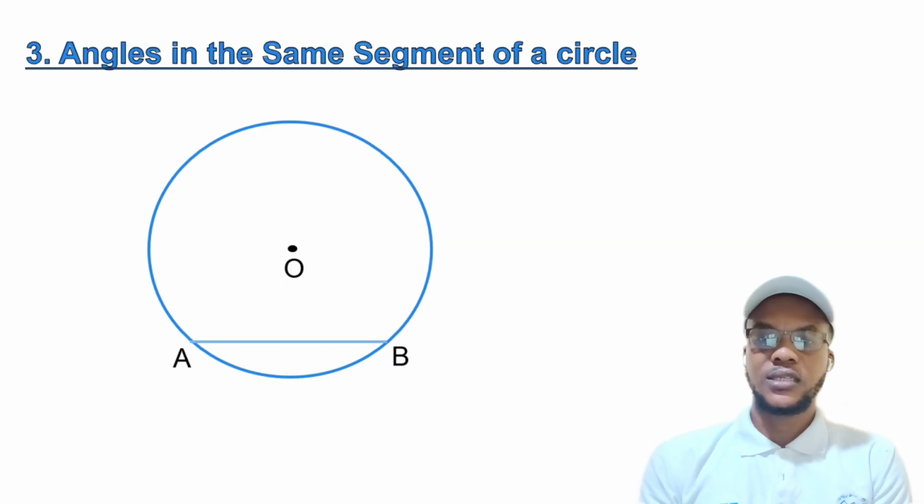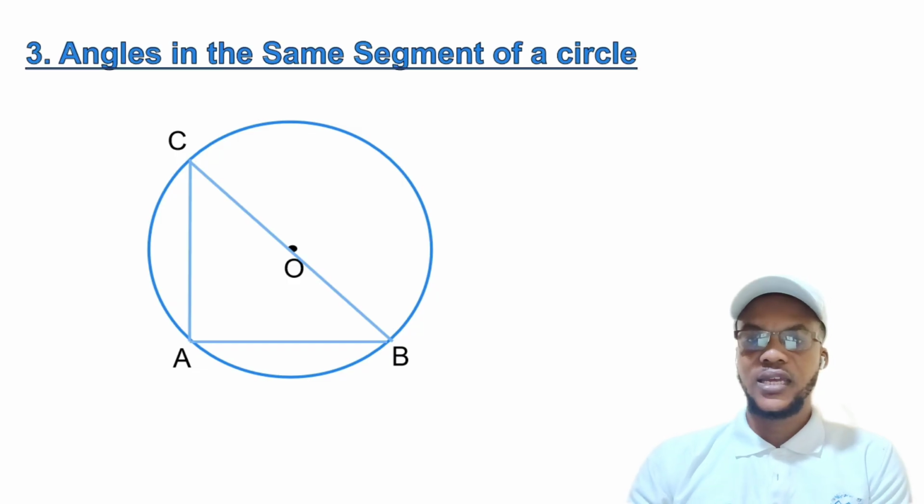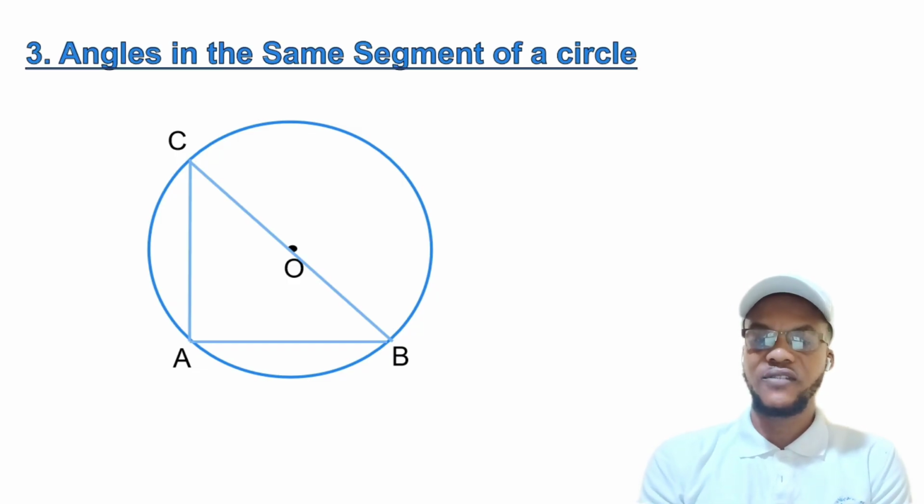Now let's see if you have angles that will share the same chord. Then I will draw this line segment again and join it to B and call it C. So we now have a triangle ABC. Once we have this one, you realize that where we have C, there's an angle there. But let's draw another one and then we join it together.